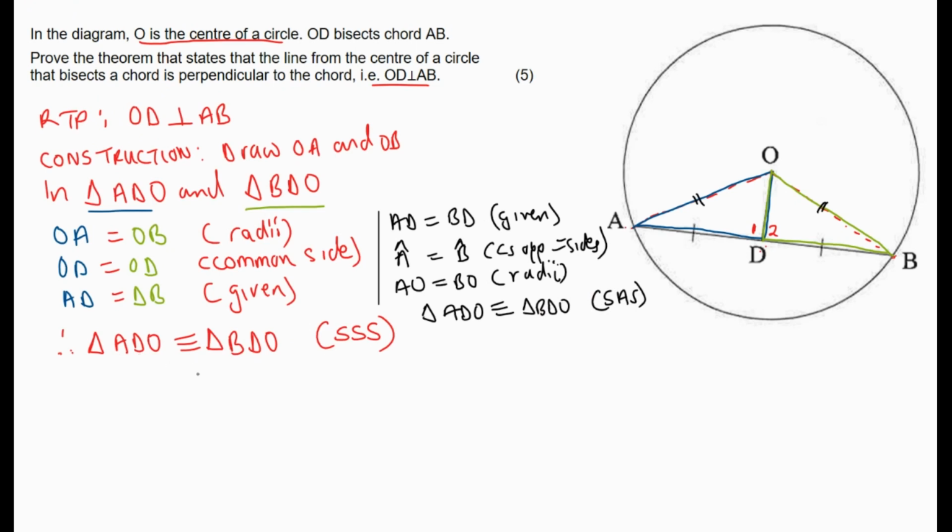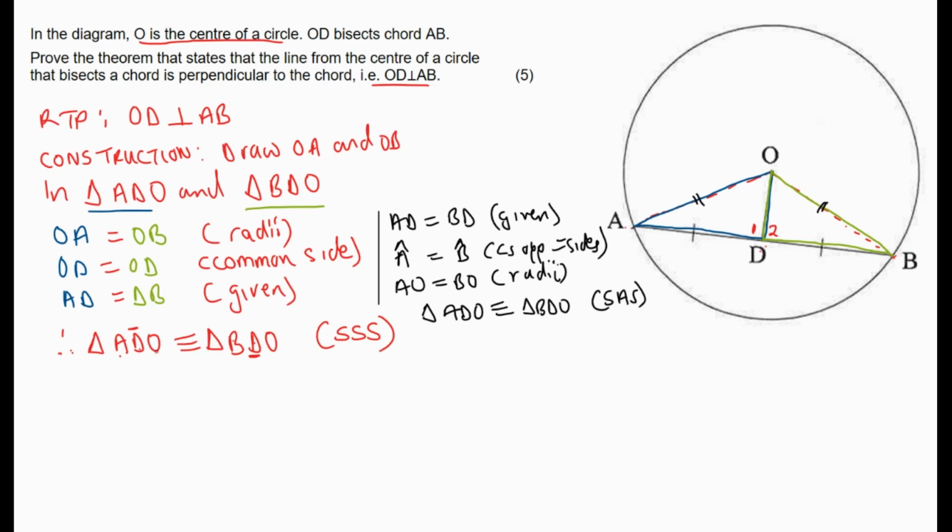So we've managed to prove that the two triangles are congruent. What does that mean? From triangle ADO, this is angle D1. And then from triangle BDO, this is angle D2. Remember, the vertices correspond. It means angle A is equal to angle B. Angle D, which is D1, is equal to angle D2.